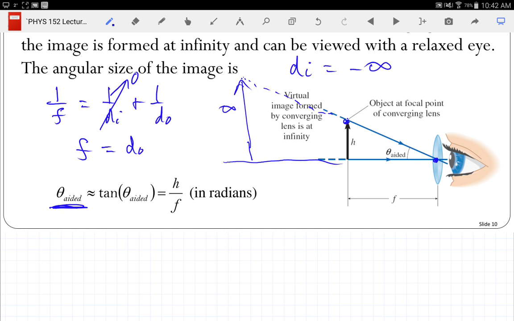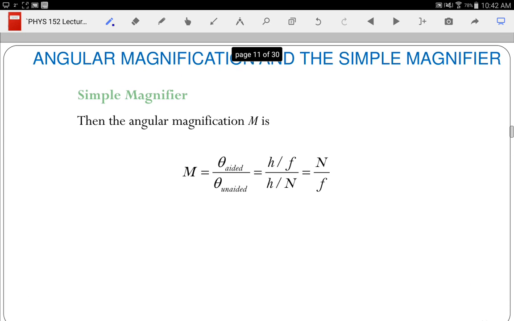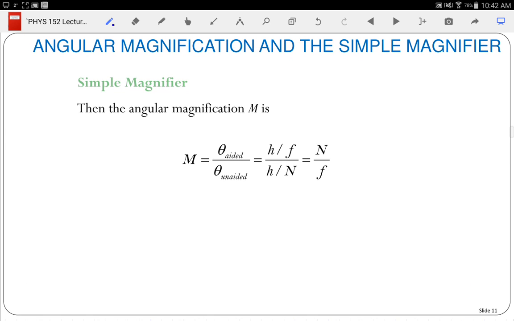But what we do know is if I put these two together, the magnification is the angle aided by my instrument divided by the angle unaided. The angle aided, we just saw, was height of my object divided by the focal length, whereas the angle unaided was the height of the object divided by the near point.